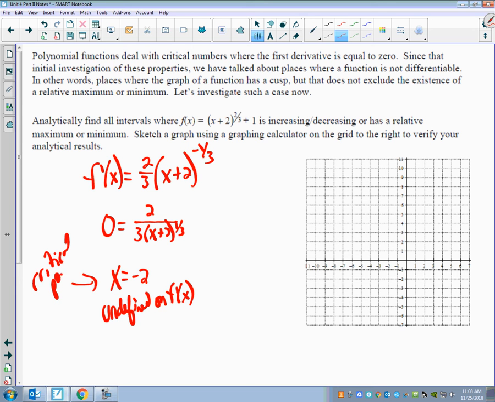It means as long as it's defined in the original function, it could still be a relative max or a min, even though in the derivative it's undefined. And if you plug that back into f, you just get 0 plus 1, which is 1.